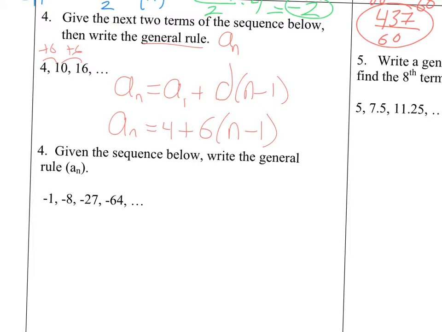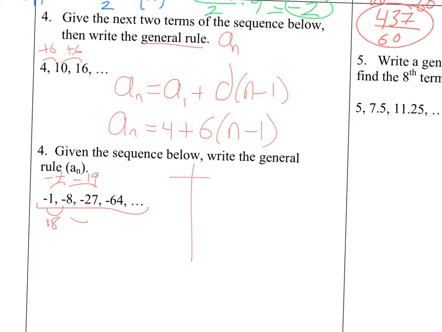For the second problem, number 4, we're doing the same thing, and now I'm going to look at what's going on here. First thing I'll check is, okay, we're going down minus 7 and then minus 19. Definitely not arithmetic. Okay, that's times 8. And then that's times, definitely not geometric.